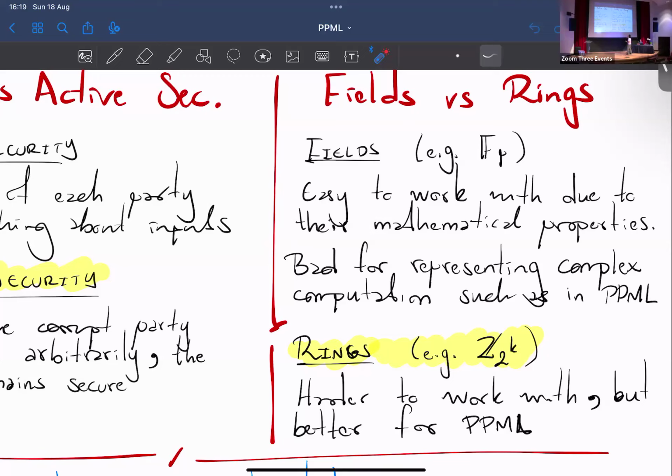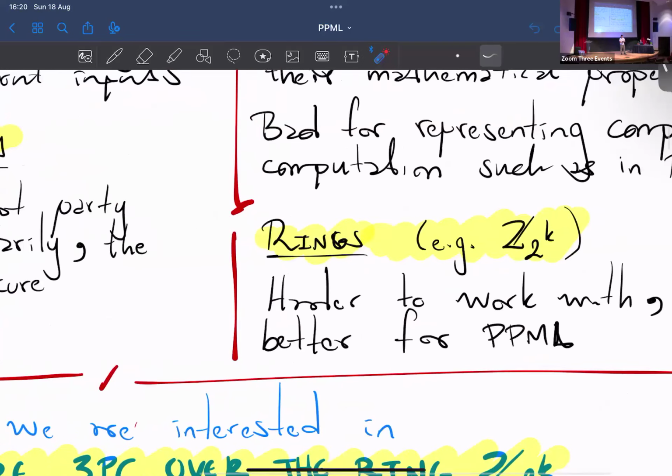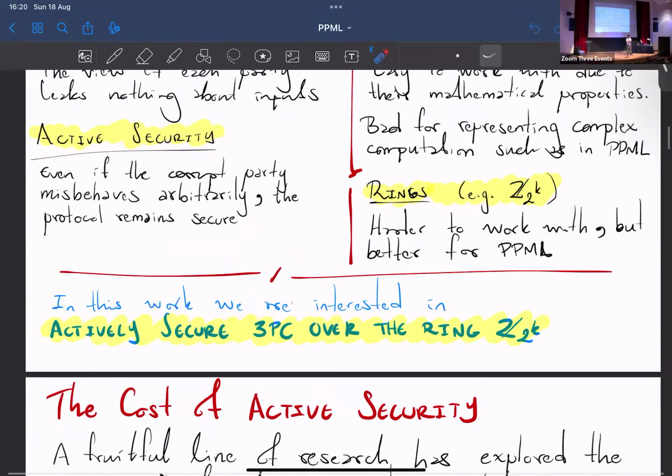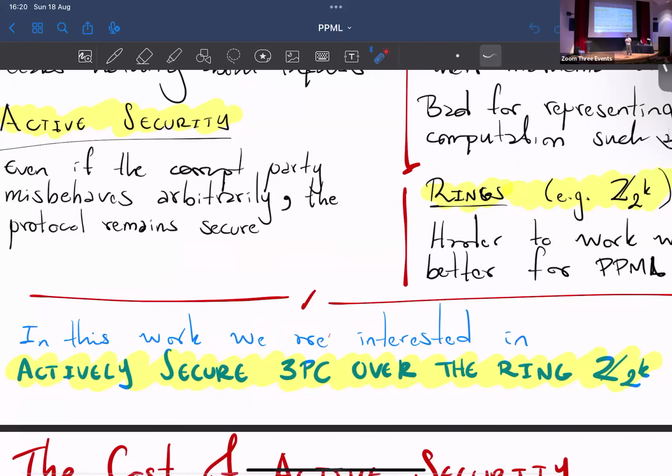It's much harder to represent them with a field than it is, for example, with a ring of this form. These types of rings are harder to work with because now they have zero divisors and a lot of other undesired mathematical properties, but they are better for things like PPML. So the setting of this talk specifically is actively secure three-party computation over this ring. So that's what we're going to study in this talk.